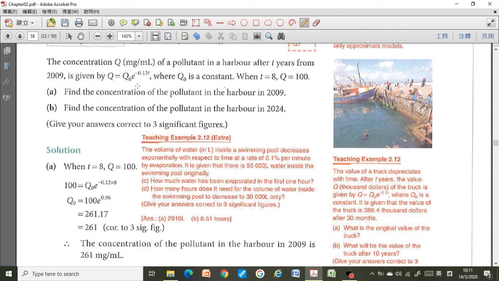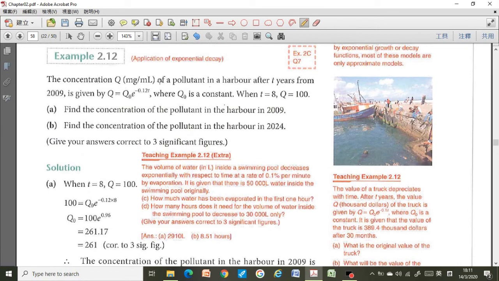This is a similar example. The concentration Q of a pollutant in a harbor, t years after 2009, is given by this expression, and Q naught is a constant. When t is equal to 8, Q is equal to 100. So you are given two pieces of information. The first is the concentration of the pollution given by this expression.